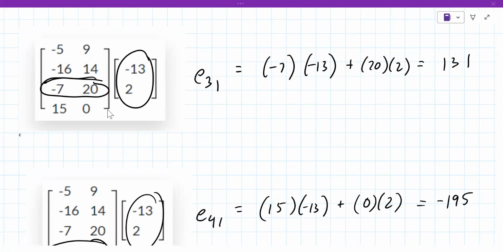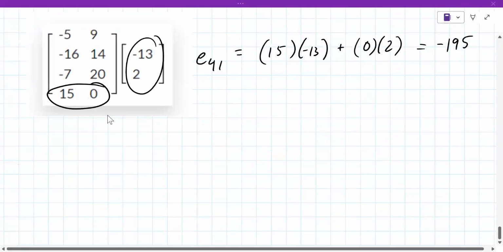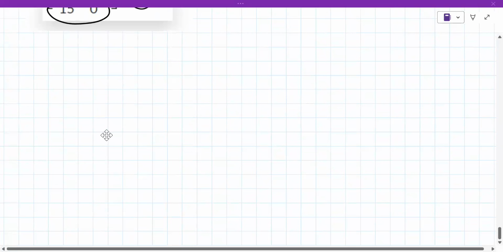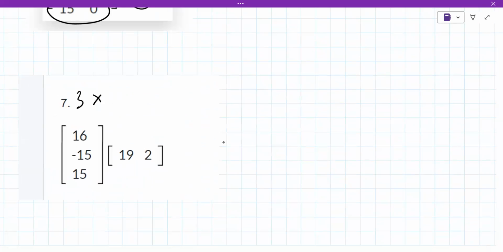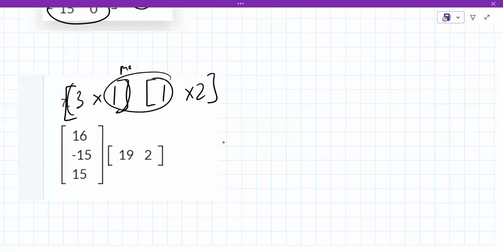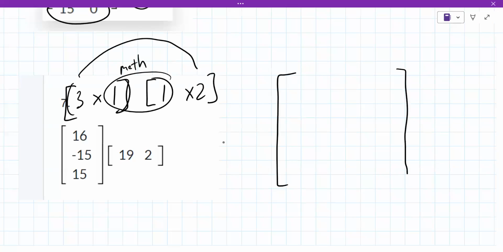All right, you ready for the next one? Okay, so number 7 here. You have 3 rows and 1 column. And then the other one is 1 row and 2 columns. So because these match, the 3 by 2, the 3 rows and 2 columns, is your answer.